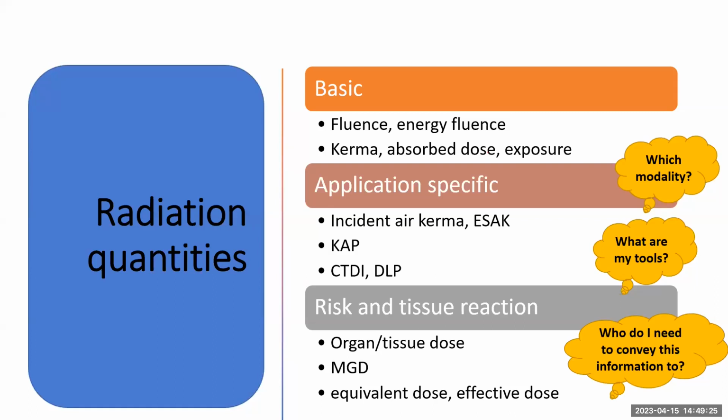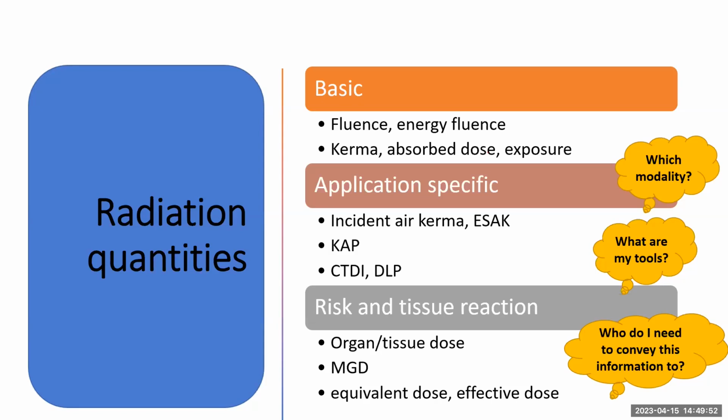In my talk today, I'll be covering most of the basic quantities and a couple of the application-specific quantities, but Prof. Ng will explain more on the details of these application-specific quantities, particularly for general radiography, as well as Dr. Khalis, who will be talking more about CT.